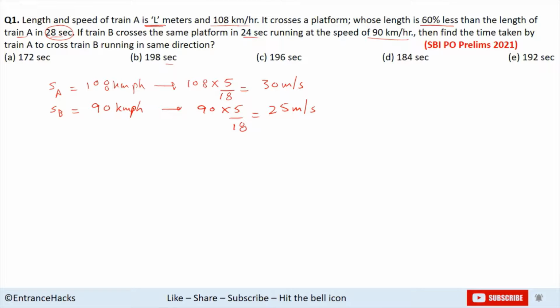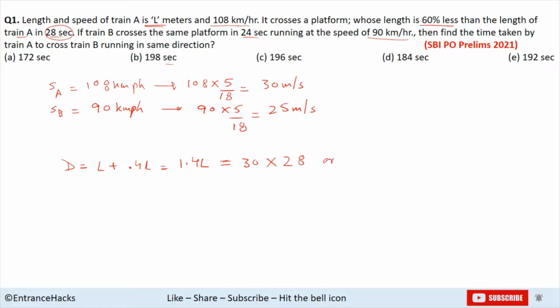So the total distance train A has to travel to cross the platform is its own length, L meters, and also the length of the platform, which is 40% of L. So total distance is L plus 0.4 L, that is 1.4 L, and this distance it travels at the speed of 30 meter per second, and the time it takes is 28 seconds.